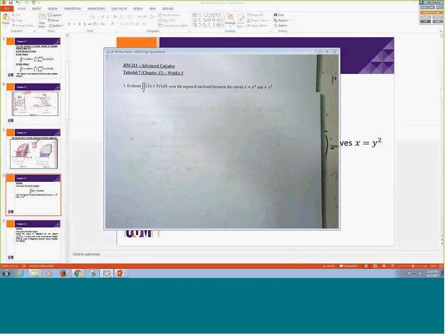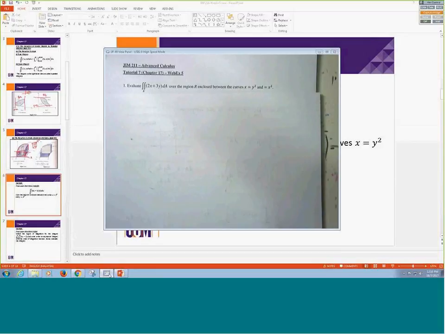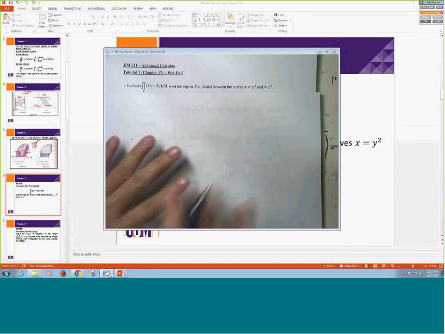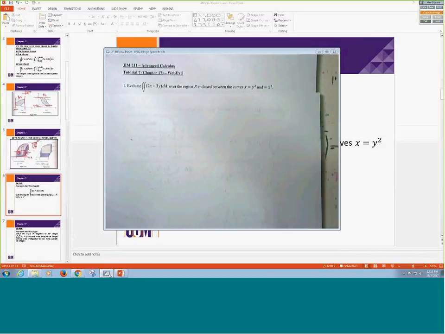But now the region R, instead of straight vertical lines and horizontal lines, is enclosed by curves. So again, the important thing is to sketch the region R. To sketch the region R, you must know the functions. So this is 101 again.